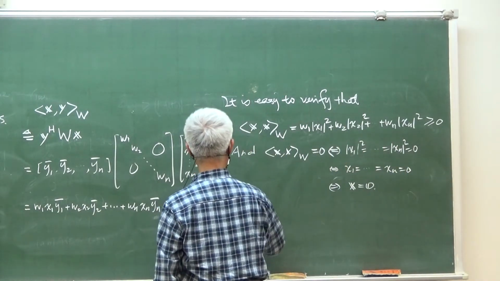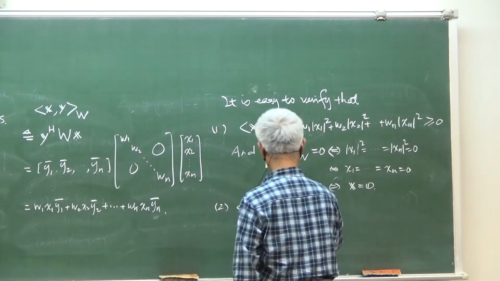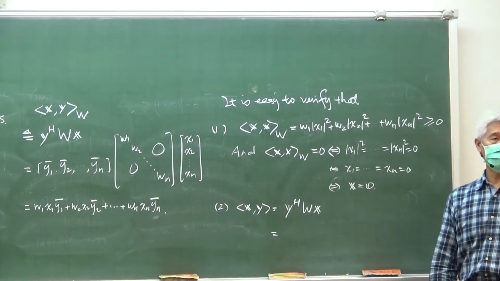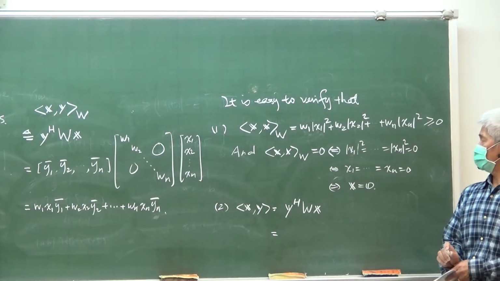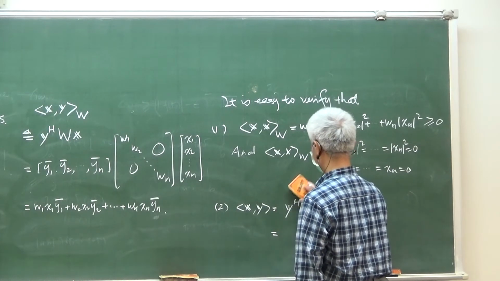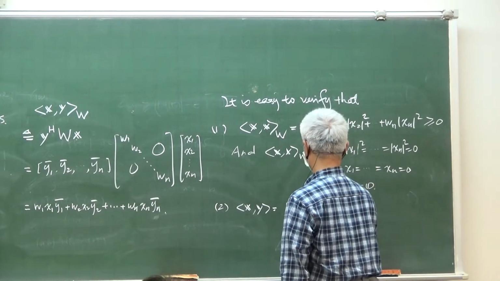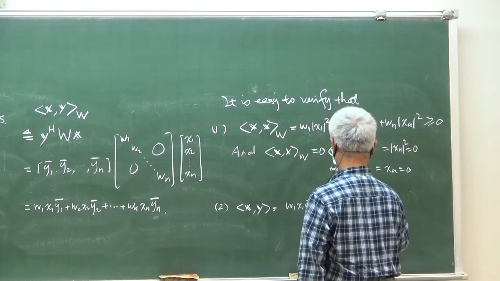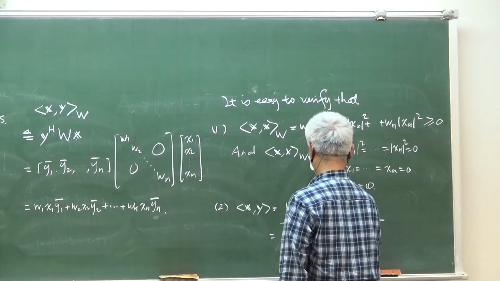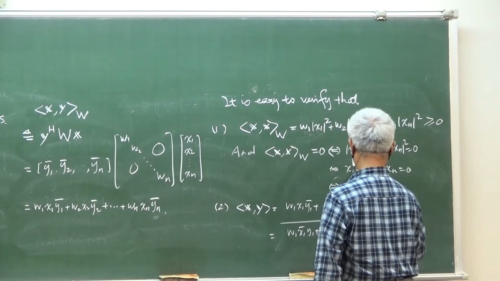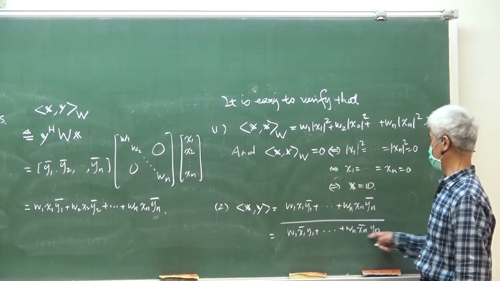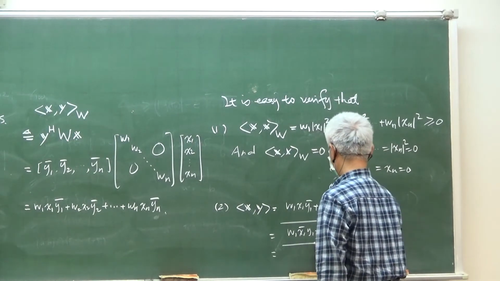The second property: we have Y^H W X. Now if we put a bar over all terms, then we have that, and so this is the bar.